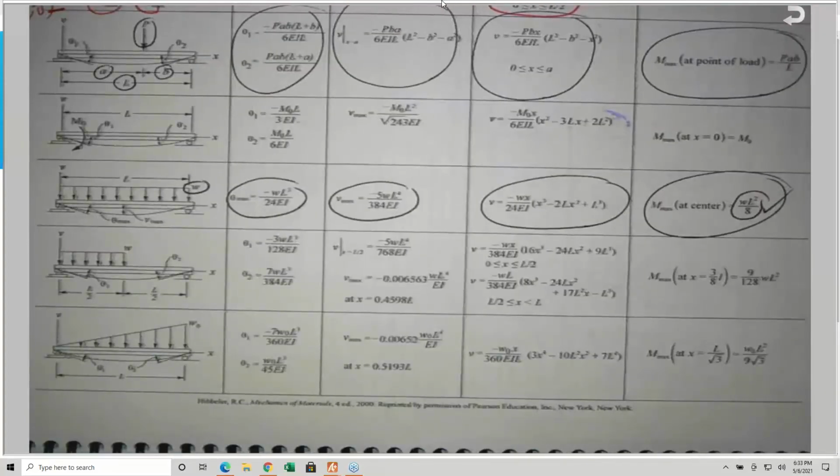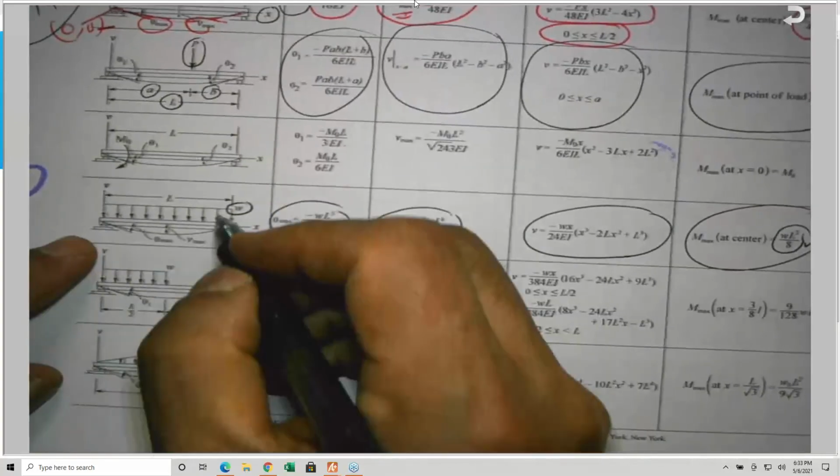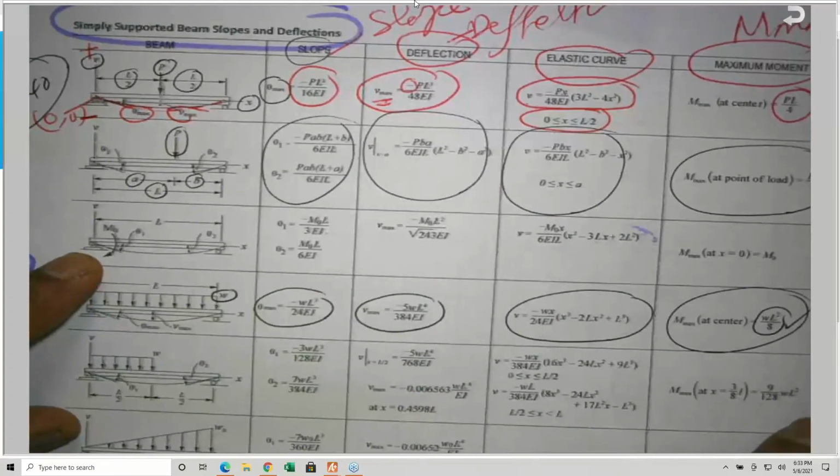Here it is, which is the maximum bending moment in a simply supported beam carrying a uniform load. So if you do have a simply supported beam, you come to this case. If you have a bending moment acting at one end as shown, and so on, you need to pick the case that matches the given problem.